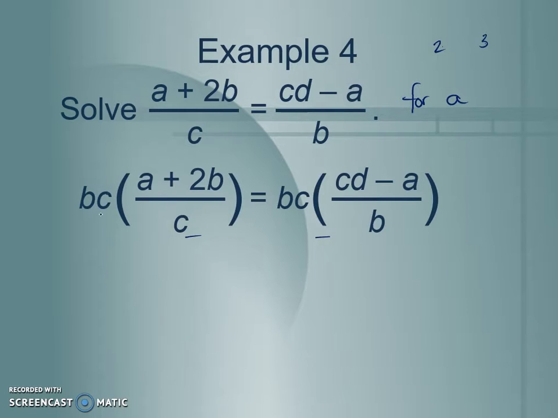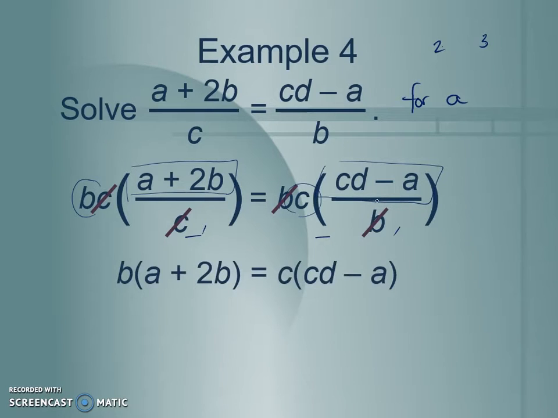So on this side, our c's will cancel. On the other side, our b's will cancel. And we're left with what's on the top, because this kind of became a 1 on the bottom. So now we just have b times, so we have our b times the quantity of a plus 2b, and we have c times the quantity of cd minus a.